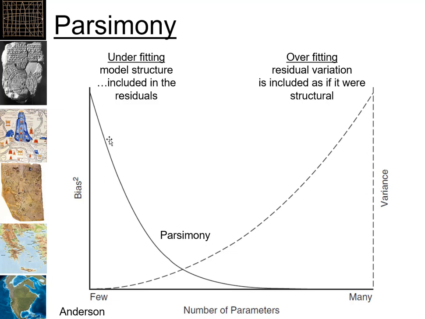In other words, there's still dynamics going on in the residuals that should be in our model, and it's not. At the other extreme, we have too many parameters, and now we've actually built our residuals that should be residuals and should be part of the error structure into our model. Okay, so it's overfit. Either end of this will cause problems. We want to find a balance in the middle.